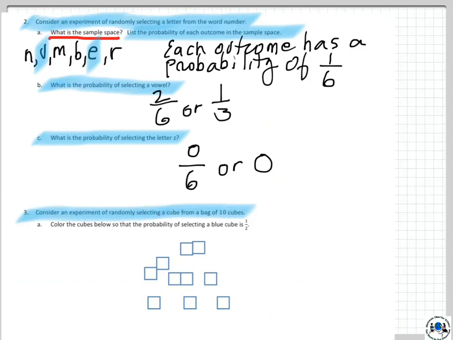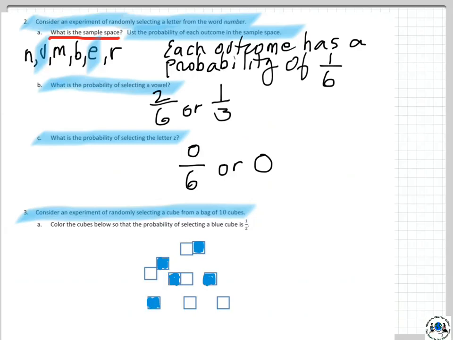Now we're going to consider an experiment of randomly selecting a cube from a bag of 10 cubes. Okay, now we know there are 10 cubes. There they are, little boxes there below. Anyway, the task was to color the cubes below so that the probability of selecting a blue cube is 1/2.